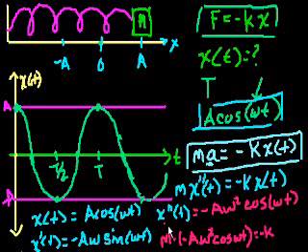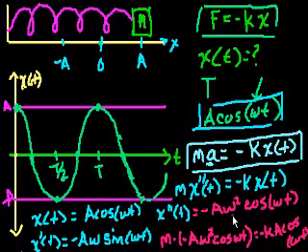And x of t is a cosine omega t. Hopefully you understand what I'm saying. I just substituted x prime prime, the second derivative, into this, and I substituted x of t, which I guessed as that, in here. And now I got this.